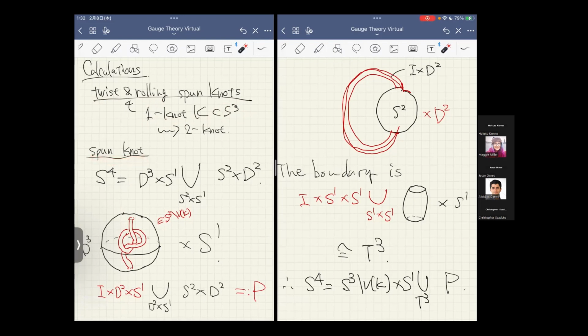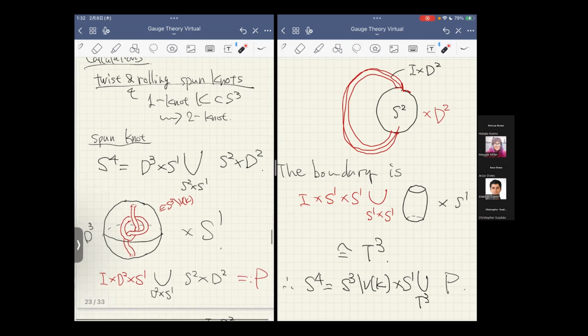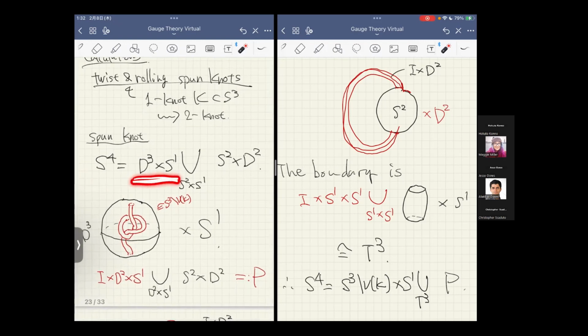We have this decomposition of S4. And let us consider this part.